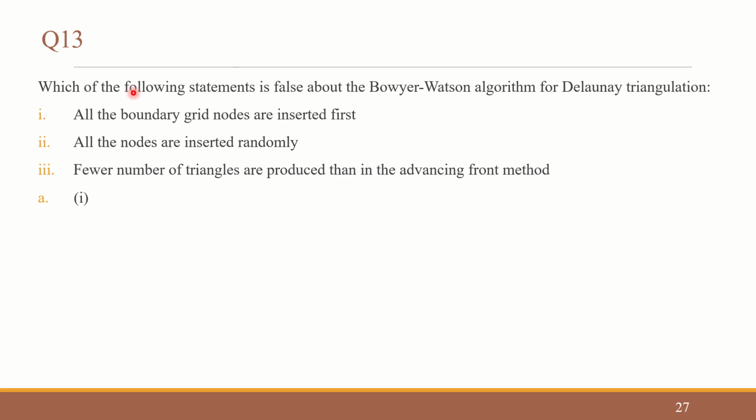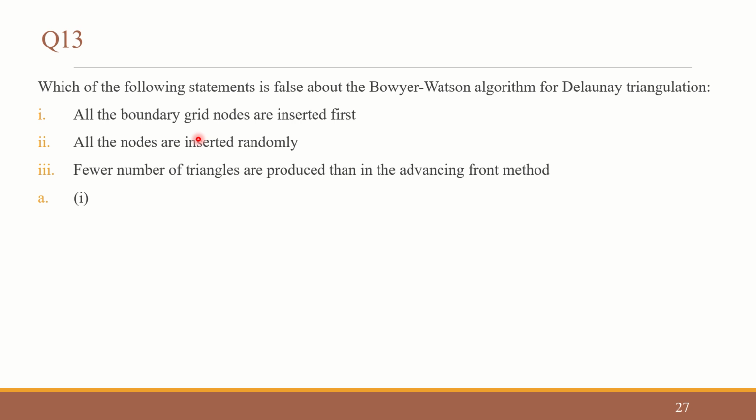So we will see the statements. All the boundary grid nodes are inserted first. This is in fact a false statement. In the second statement, it is given that all the nodes are inserted randomly. In the Bowyer-Watson algorithm, we insert all nodes randomly, so the second statement is true.